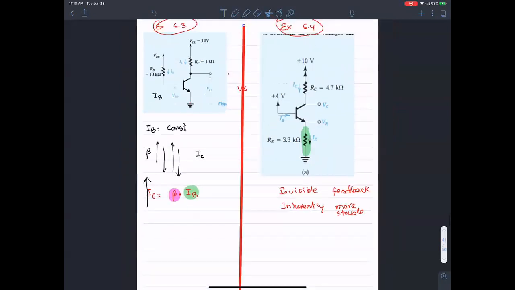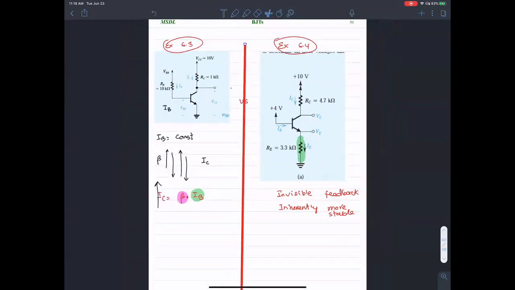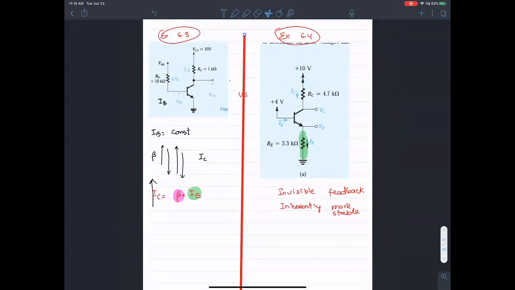What do you think is happening in this case? What do you think is happening on the right-hand side that makes it more stable and less susceptible to changes in beta?